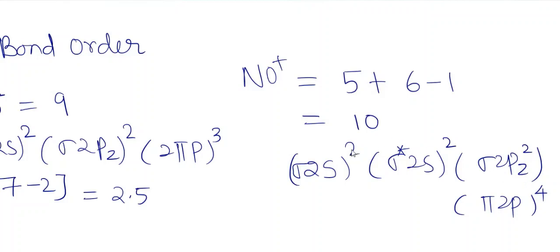So 2 plus 2 is 4, plus 2 is 6, plus 4 is 10 electrons.